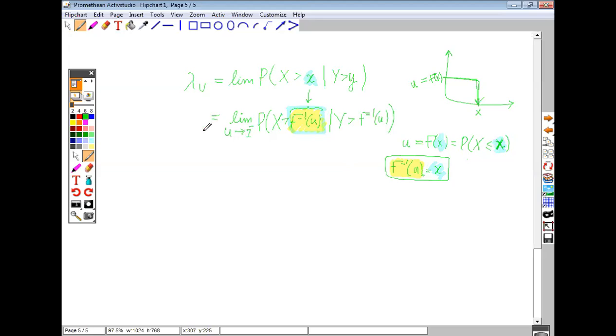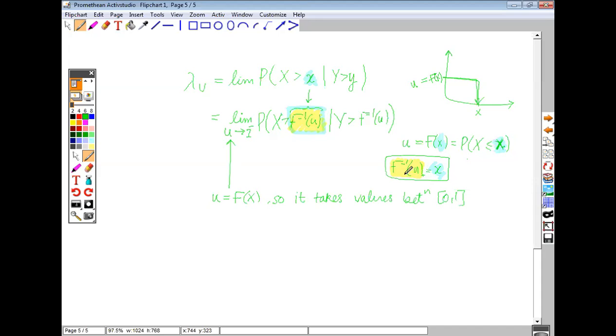So again, remember, whenever I'm defining my small u, it is f of x, right? So it only takes values between 0 and 1, as any cumulative distribution function would.